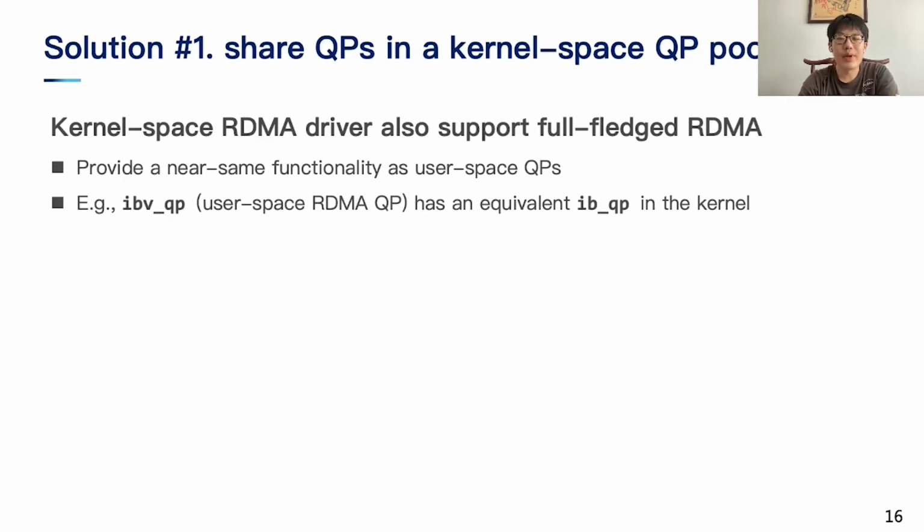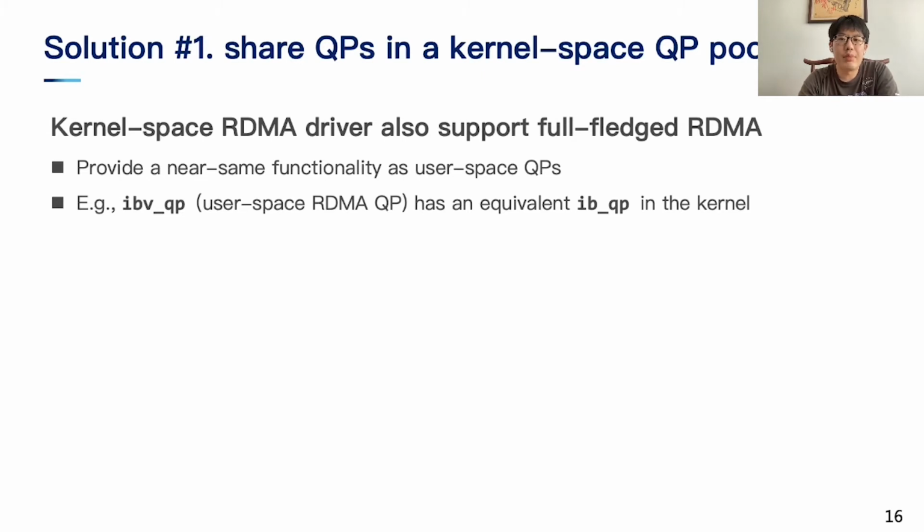To address this issue, our observation is that kernel space RDMA, though less used, also provides the full functionality of RDMA. For example, the user space RDMA QP, namely ibv_qp, has an equivalent ib_qp in the kernel, which supports all one-sided and two-sided operations.